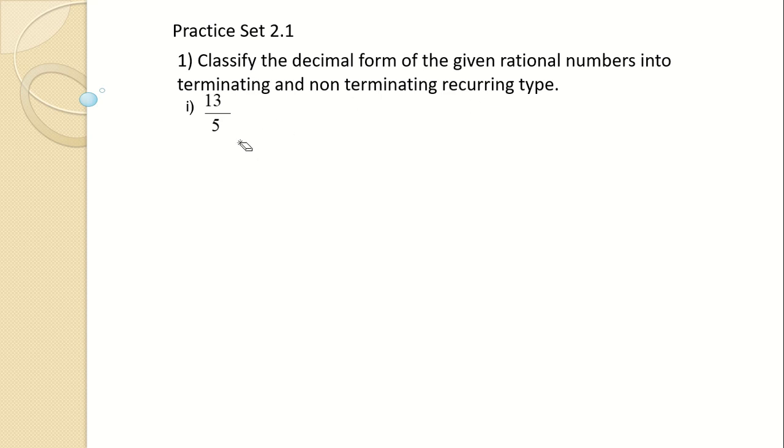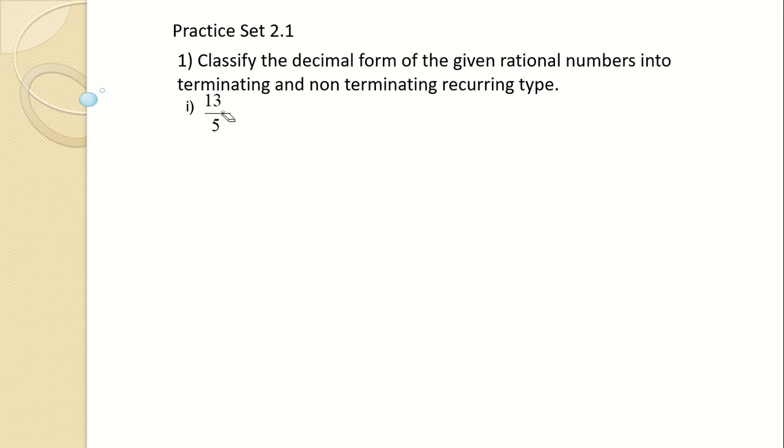Now you can actually divide and find out the answer, but without dividing, if we want to find the answer in a quick way, then the property that we learned in the previous slide is helpful. Look at the denominator. The denominator is just 5.